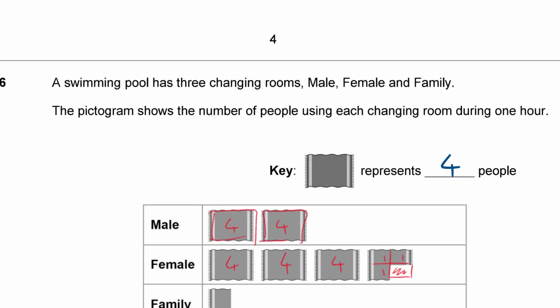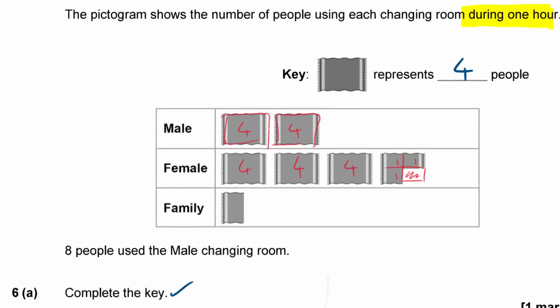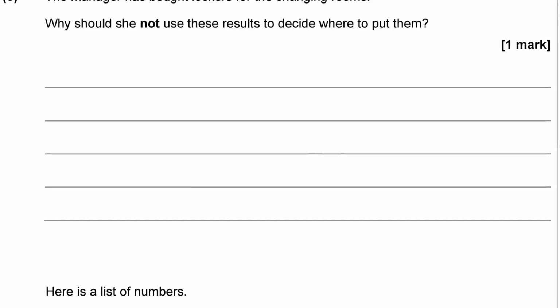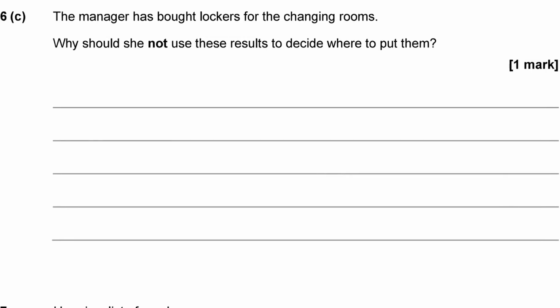All these results were just for 1 hour, during 1 hour of the day, and the day is made out of lots more than 1 hour. And it might just be that this time of the day is more popular with the female swimmers than male, but at other times of the day that might change. So I think I would say that there is not enough information there to make the decision, because it's just 1 hour and not like a whole week's worth of data.